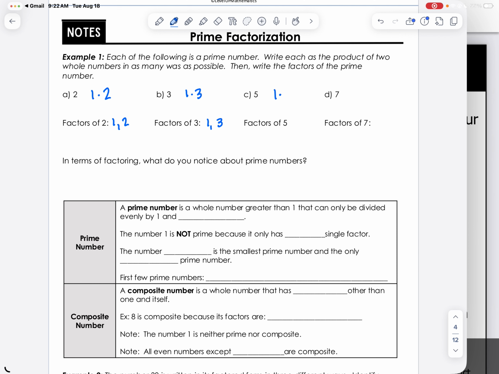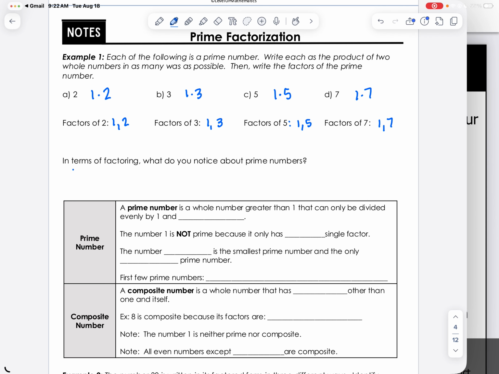5, to write it as a product, I would just say 1 times 5. So the factors of 5 are 1 and 5. To write 7 as a product, 1 times 7. So the factors of 7 are 1 and 7. So in terms of factoring, what do you notice about prime numbers?